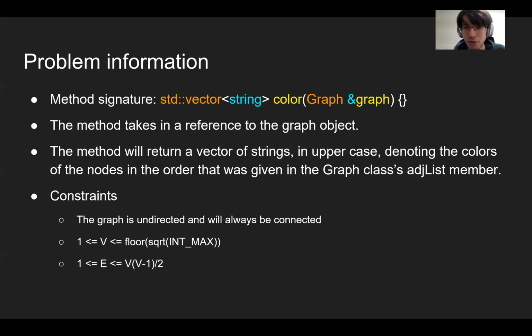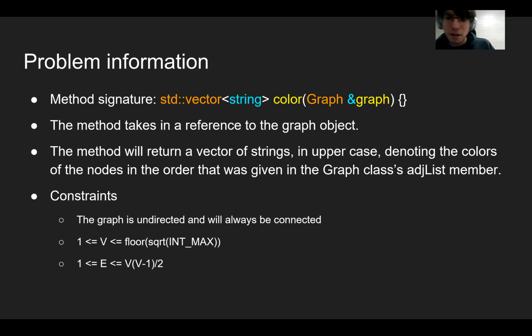So it can be any kind of graph, but we won't have multiple edges between each vertex. It can be like a complete graph, where all vertices are connected to one another. I think it's something like that. Anyway, that's the problem information.